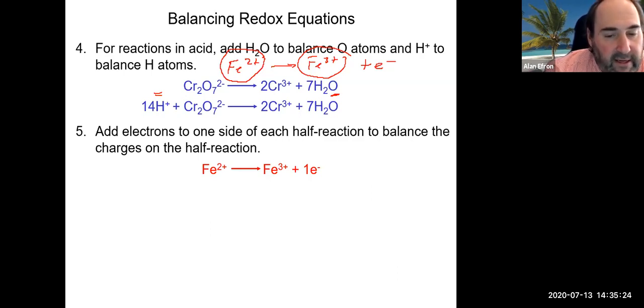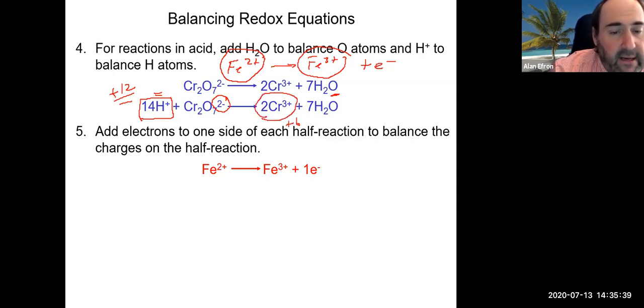Now, when we look over here, this is +14 and -2. That's a grand total of +12 on the left-hand side. On the right-hand side, we have +6 from here and nothing from the other side, which means that the left-hand side would need 6 electrons to balance that out.